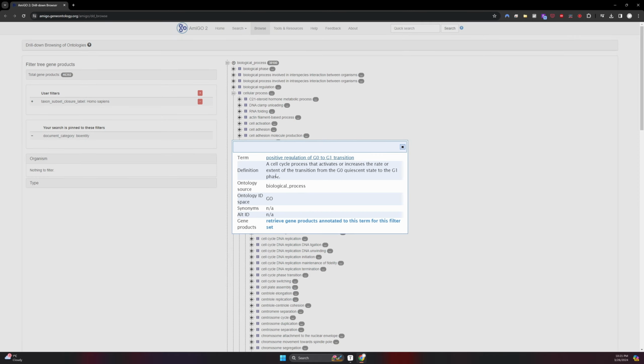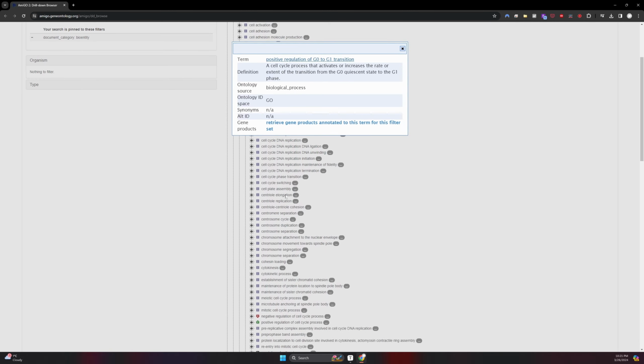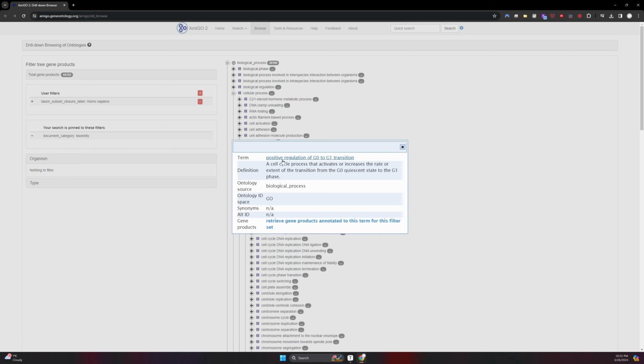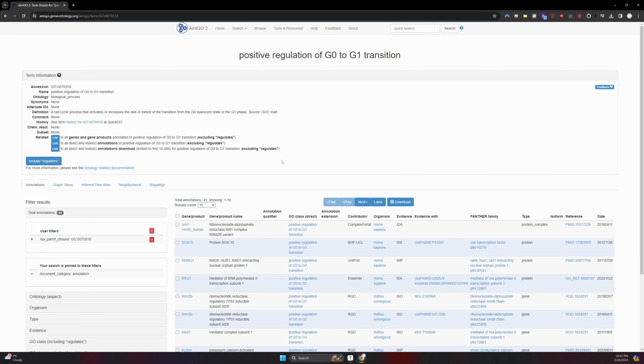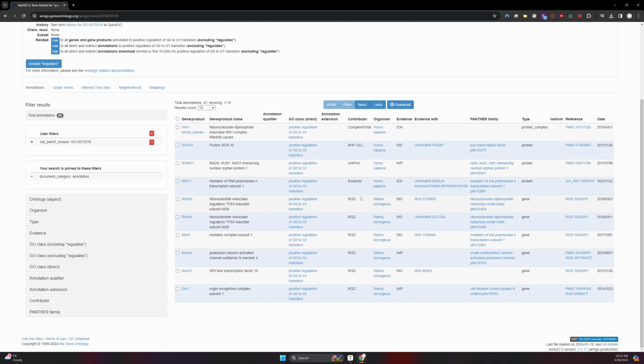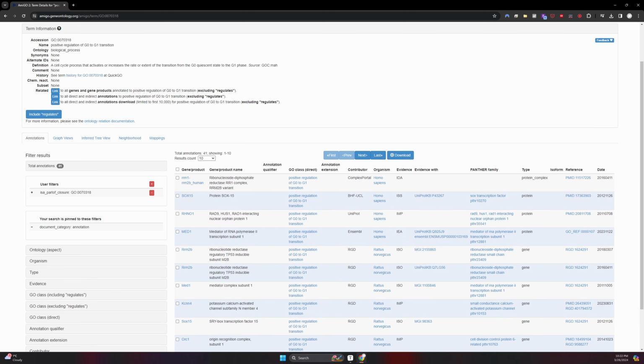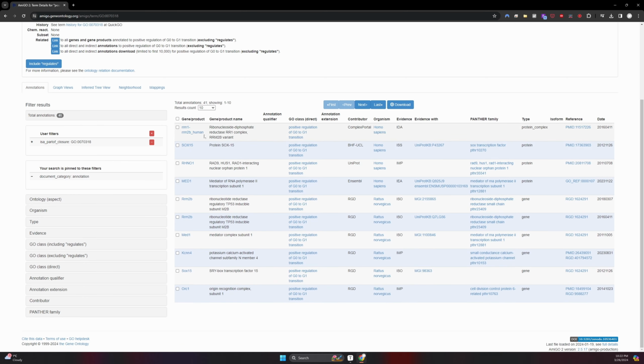When you click on these terms, there's an explanation, and it will also lead you to all of the genes that are labeled by this term. And here are all the genes in human that are labeled by this term. There are 41 annotations in total, showing only the first 10 of them.